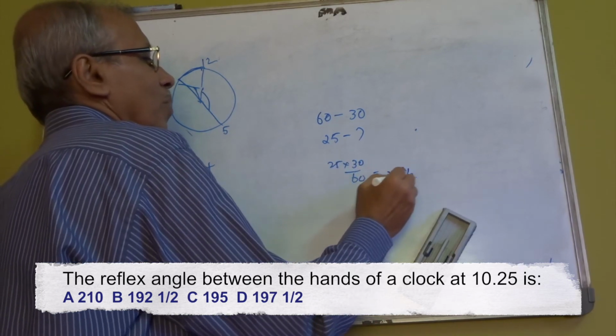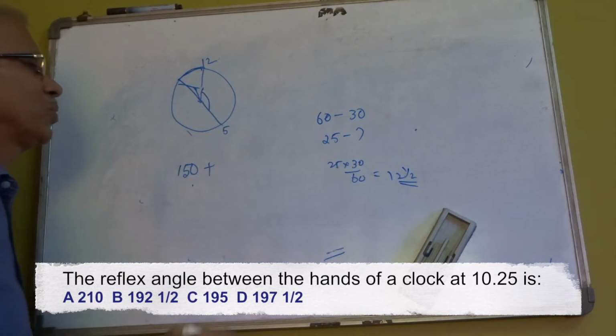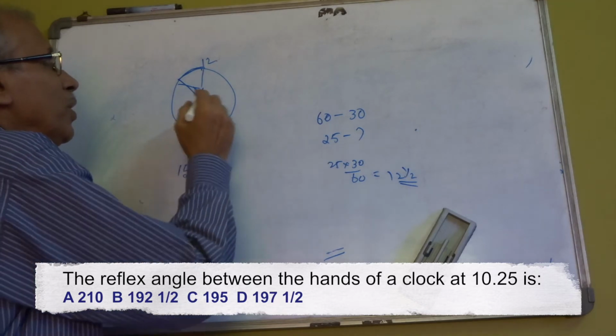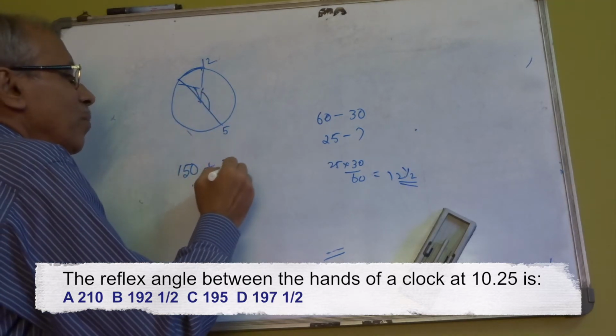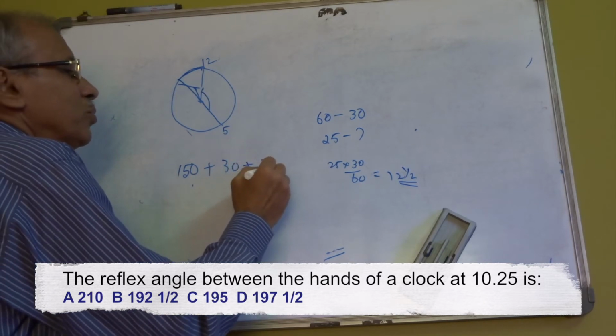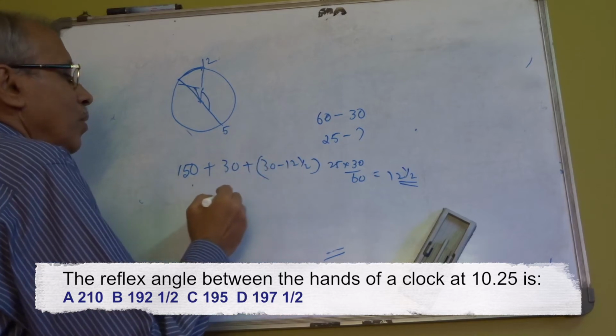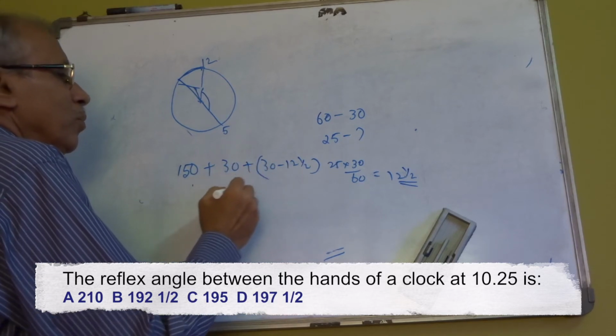It has moved 12 and a half degrees. So between 11 and 12 is 30, and between 10 and 11, 30 minus 12 and a half. That is 197 and a half.